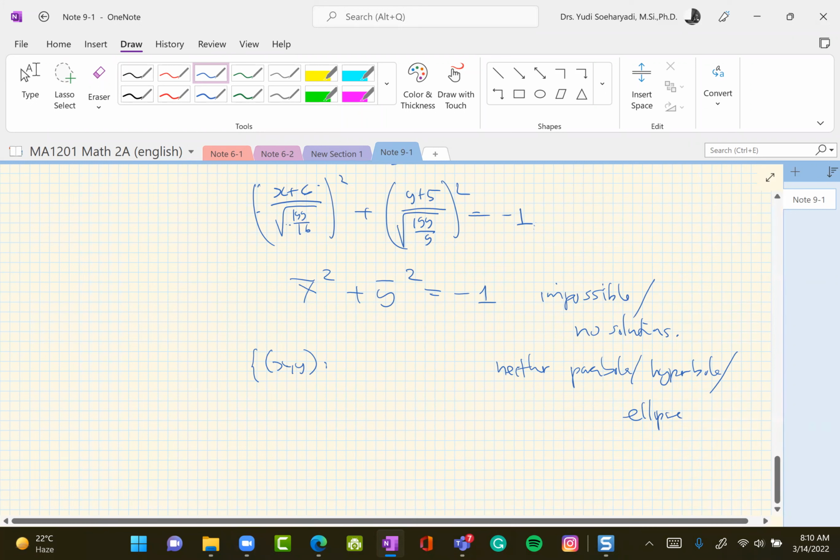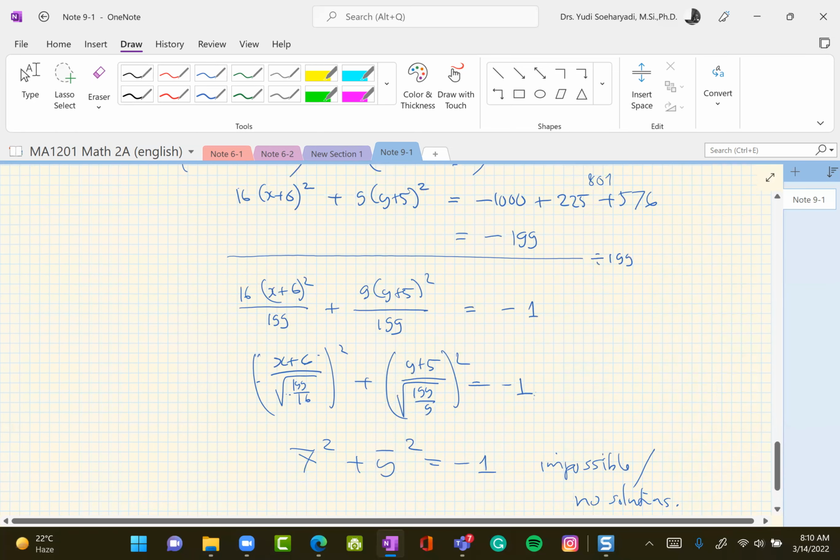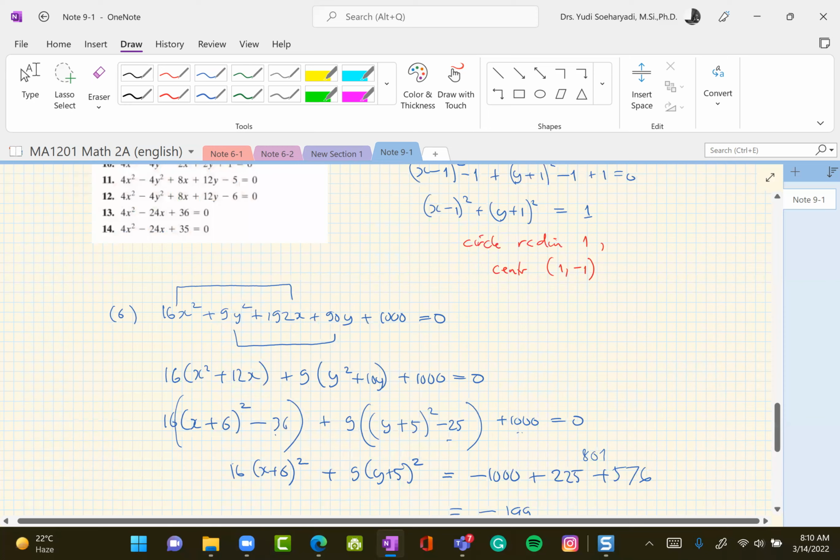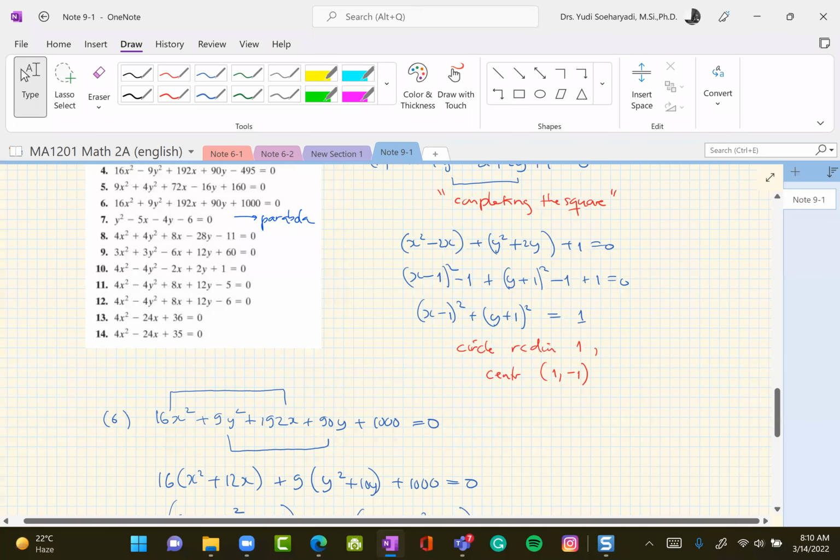In fact, if you try to plot this one, this is the empty set. So it's neither. All right, so let's try another one.